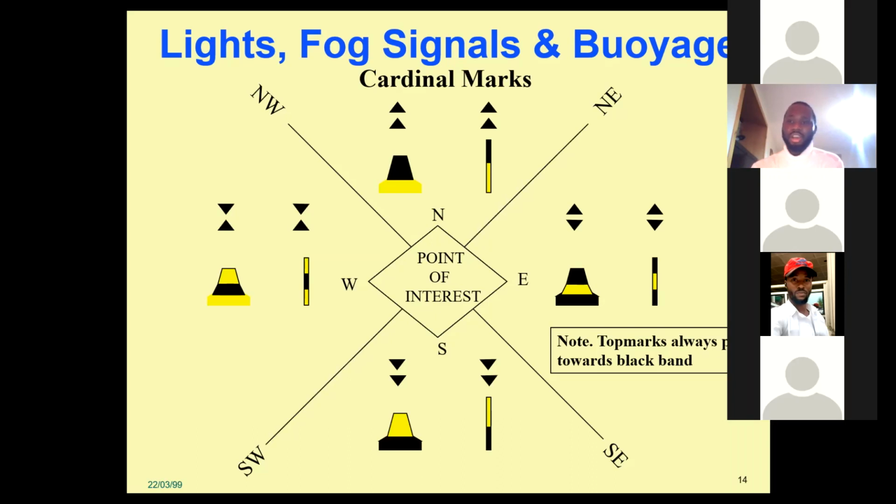When I give you 2 scenarios of the north and west, you have 2 options, and Adetunji was quick to tell me, I'll take port or I'll take starboard, which is good. I took out 1, and you have just 1 option. But when you see the 4, you have multiple options. So that's why sometimes we might see different cardinal marks being placed around a danger point of interest.